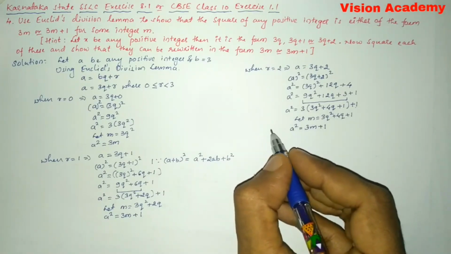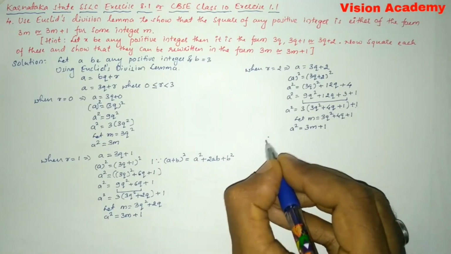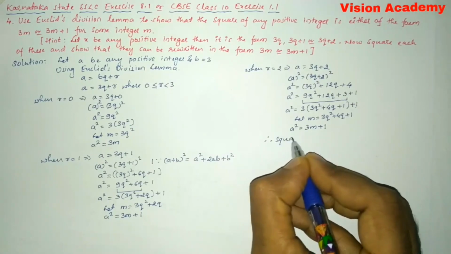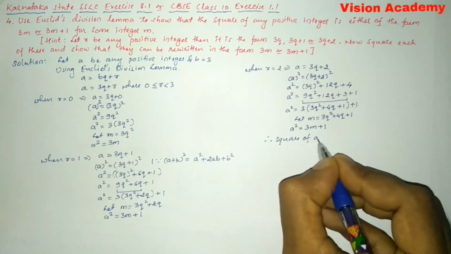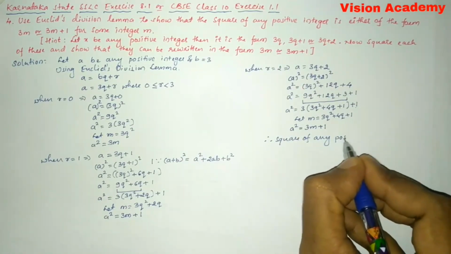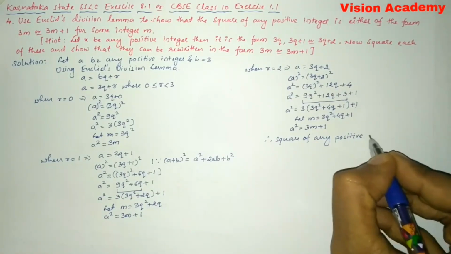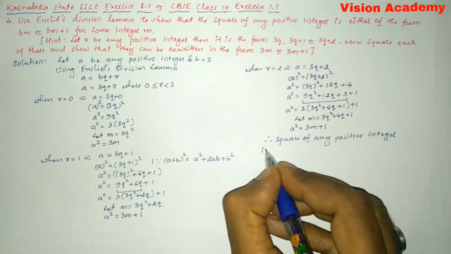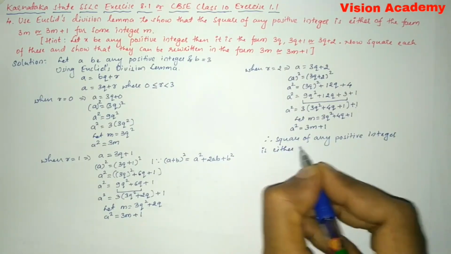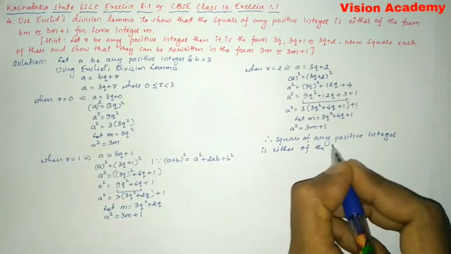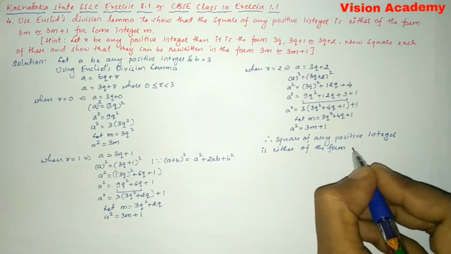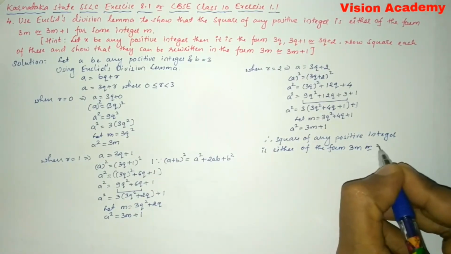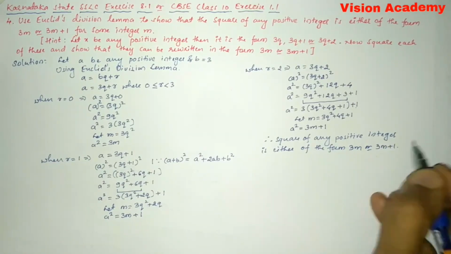Now we can write, therefore square of any positive integer is either of the form 3m or 3m plus 1.